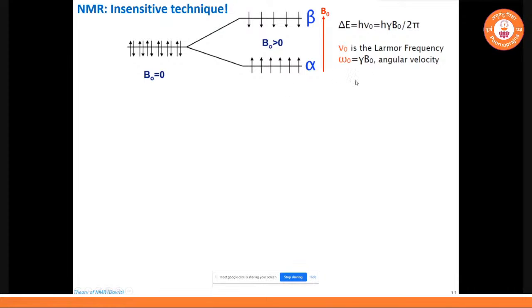In NMR, there are some excess nuclei oriented with the field. Now we apply electromagnetic radiation equal to the separation between these two energy levels, which in NMR falls in the radio frequency range. That is why we use radio frequencies. That is known as the Larmor frequency of that particular nucleus, to excite it.